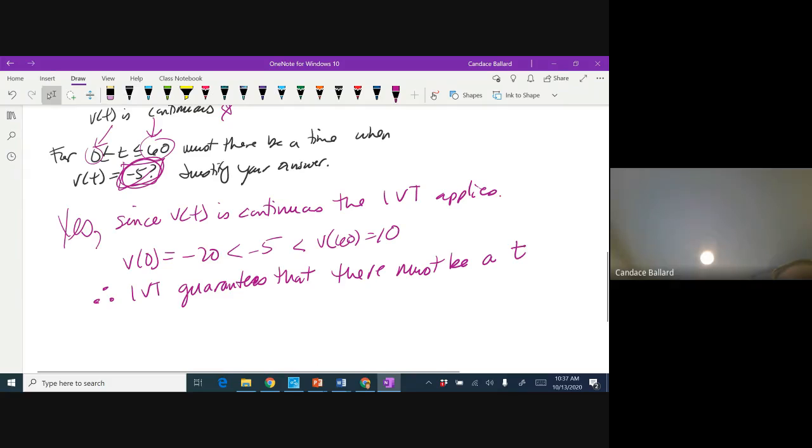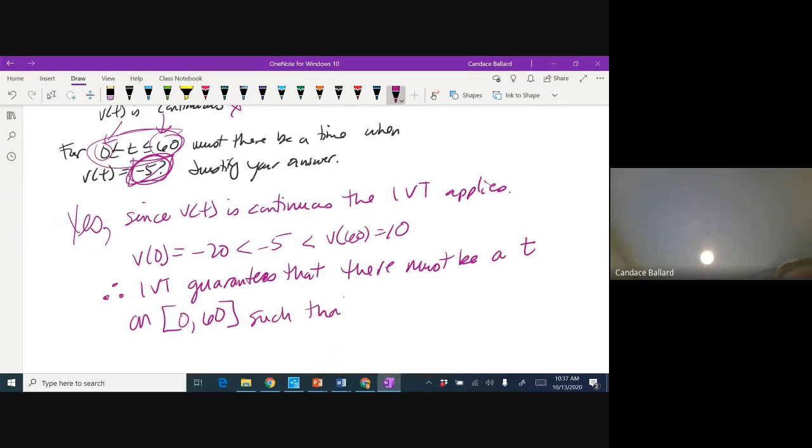So my interval is 0 to 60, such that all I did was basically copy this, but instead of writing it in inequality notation, I wrote it in interval. I can still write it in inequality and it would be acceptable. Such that v of t equals -5. All right, are there any questions, comments, concerns about that?